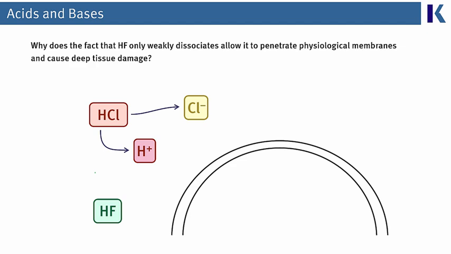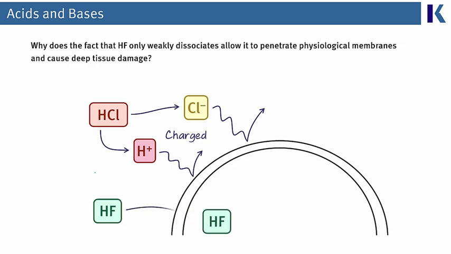Recall that charged molecules can't cross lipid bilayers. So if you were to splash some HCl on your skin, the protons would corrode the outside of your body, but they wouldn't be able to penetrate any deeper than that. By contrast, hydrofluoric acid is uncharged and remains together in solution.